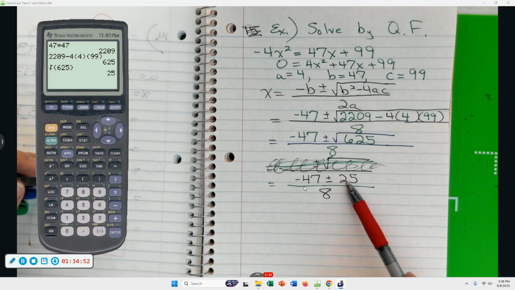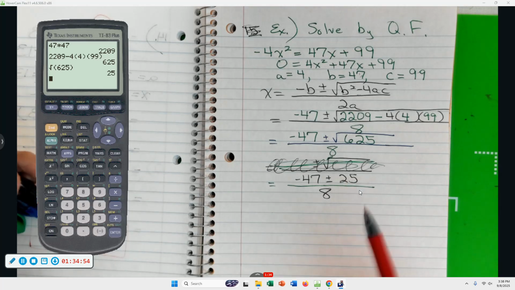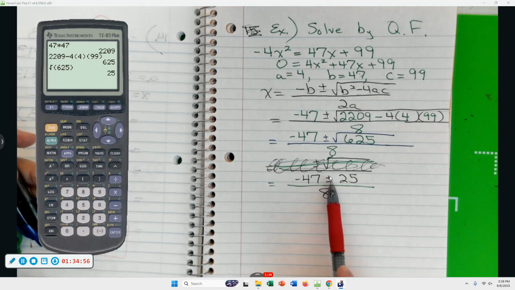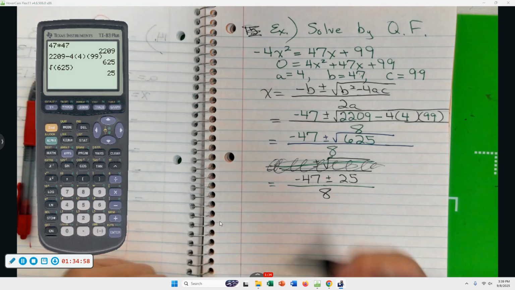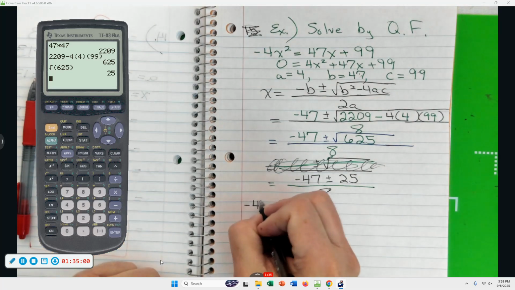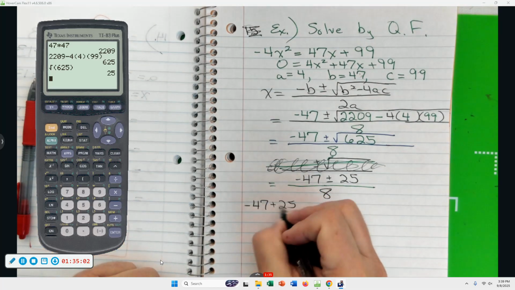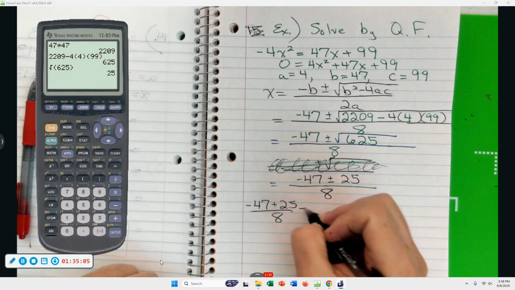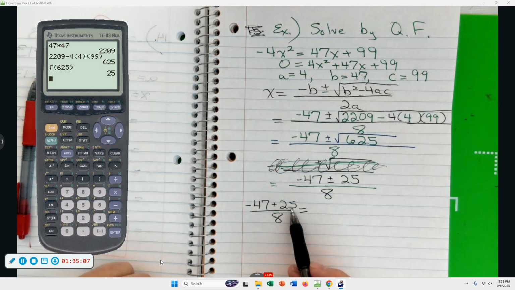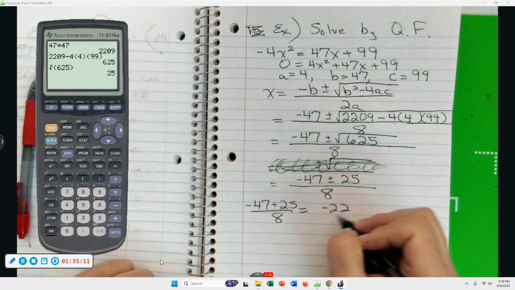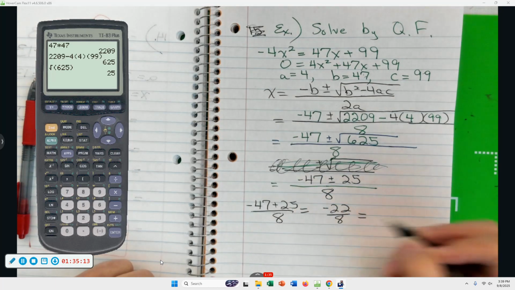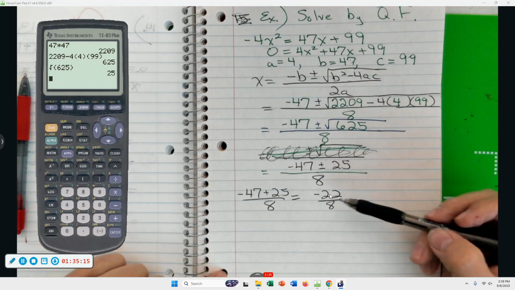You have to split it up into the two cases. We have a negative 47 plus 25, all over 8. Negative 47 plus 25, that's a negative 22 all over 8. Hey, what can we cancel? There's a common factor here.